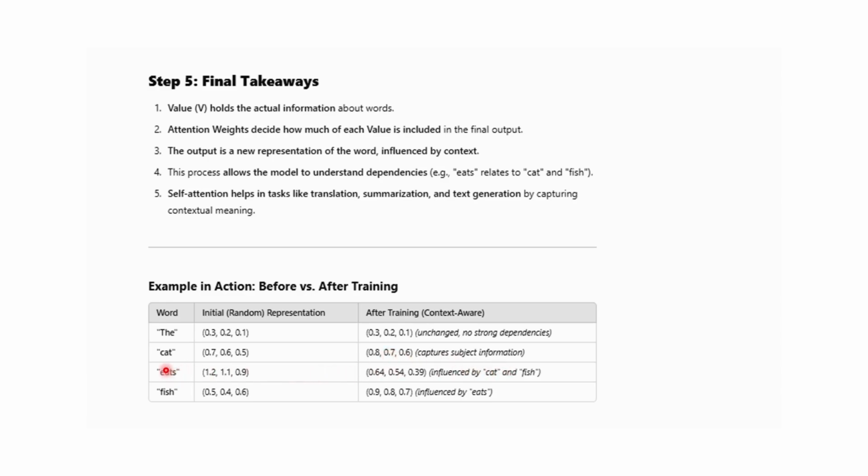Eats is the verb of the sentence, and the verb is very important for a particular sentence, so it will be mostly attached with the subject and the object. That's why you see the higher numbers for cat and fish captured in the representation. Likewise, the numbers for fish have also changed, but for fish the highest number is for eats, because it is more attached with the verb.